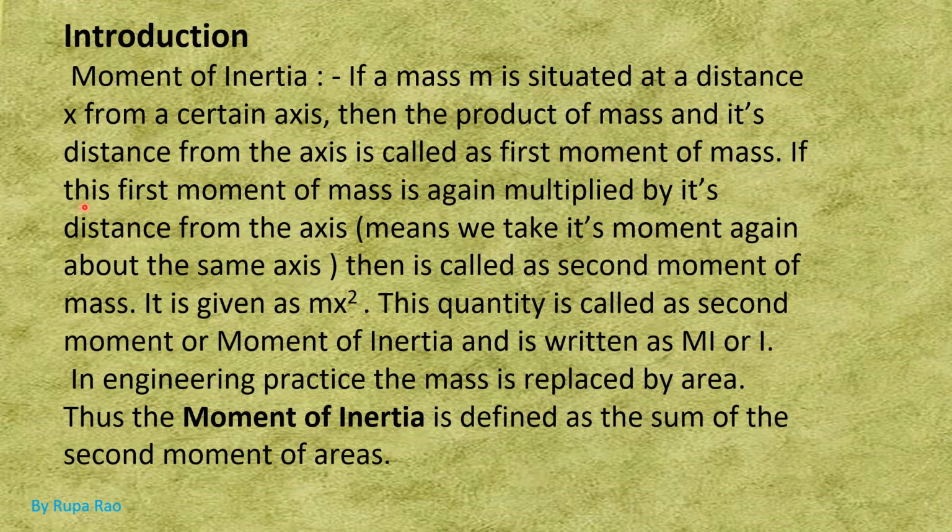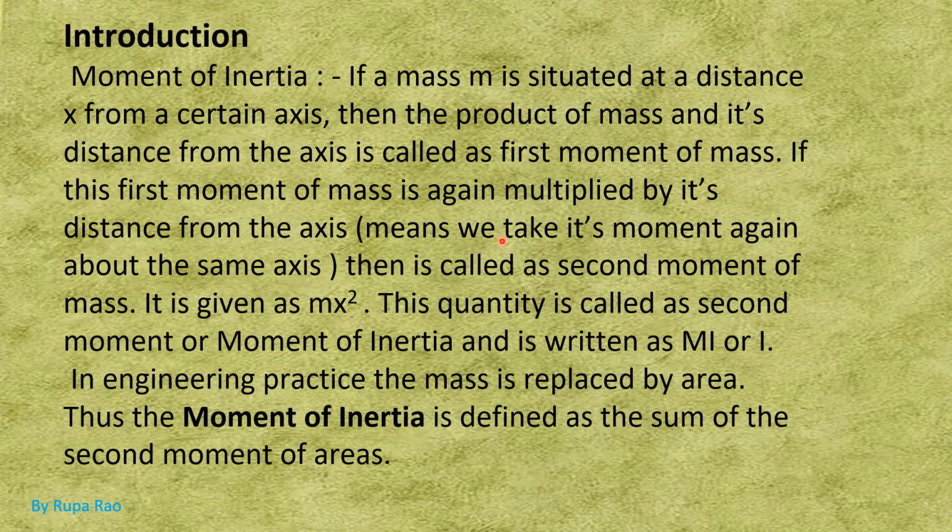If this first moment of mass is again multiplied by its distance from the axis, meaning we take its moment again about the same axis, then it is called the second moment of mass. It is given as m x square.